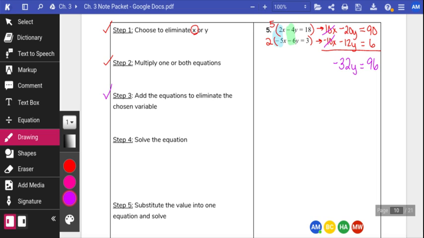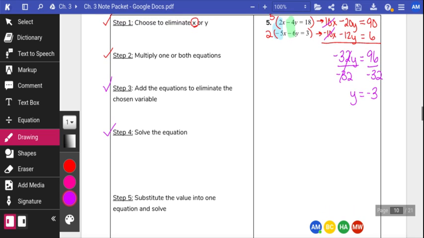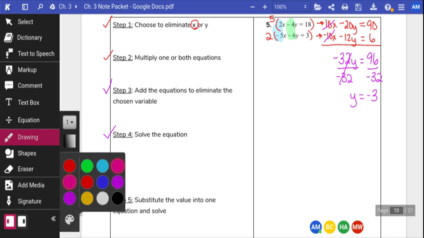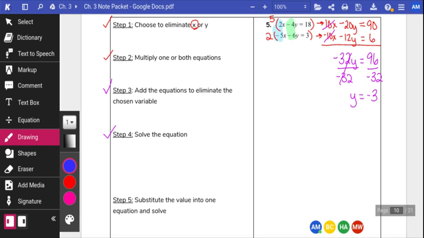Now I'm going to solve. To solve, I'm going to divide by the coefficient for y, and I get y is equal to negative 3. My next step, just like before, I'm going to take an equation, whichever one I want. I'm going to use the first one this time.